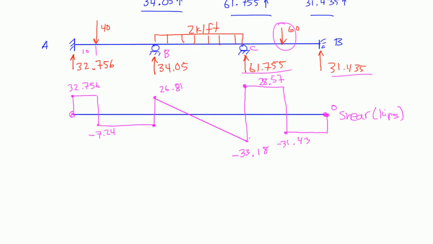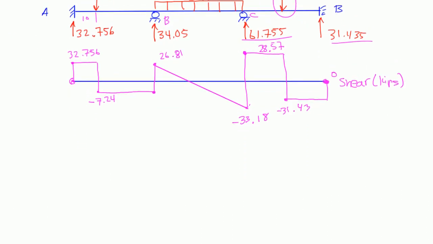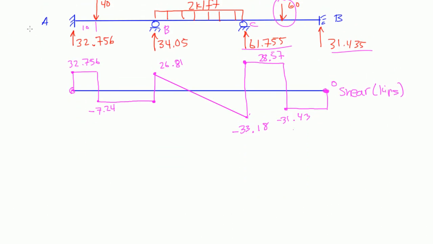Let's draw our moment diagram. I'll keep that in the picture. The moment diagram, I'll draw it in. Let's do blue. So this is the moment diagram. All units are in kip-foot.